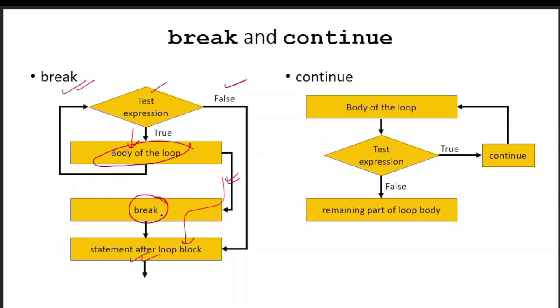What break does is bring you out of the loop before the test condition is false. Before your test expression is false, you can come out of the body of the loop when you encounter this break statement.